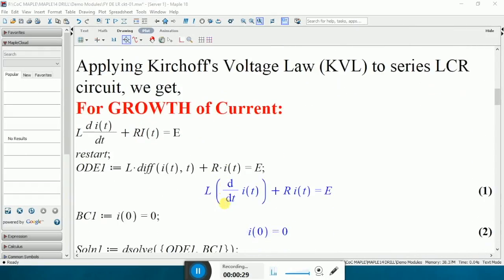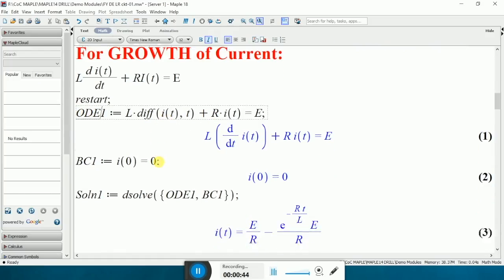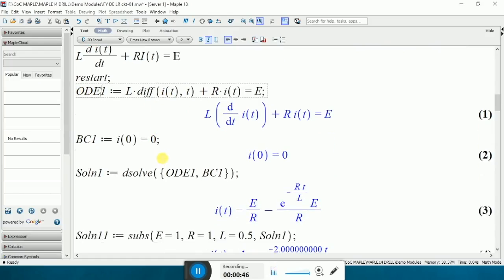For growth of current, we have I of t equal to, see here, capital I is not permitted. So while writing in the mathematics mode, I have explicitly used small i, and for the very purpose I have used small i in the PowerPoint presentation also.